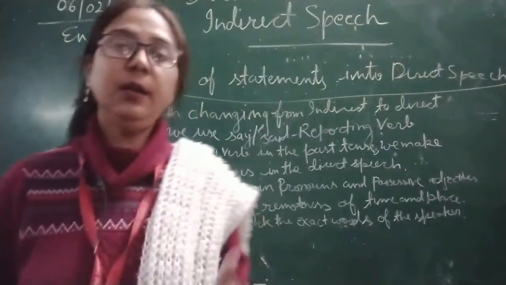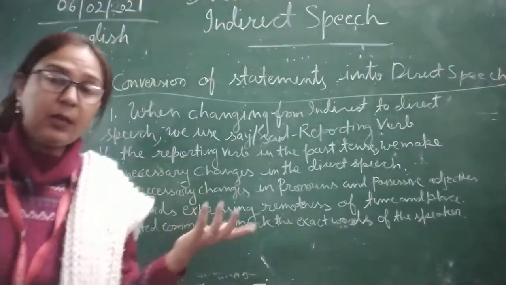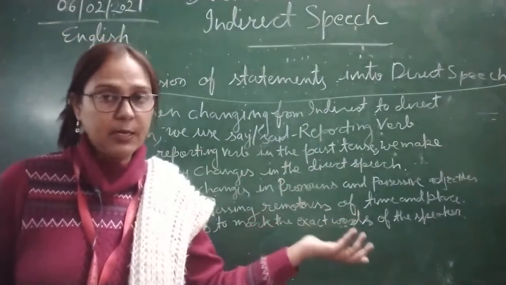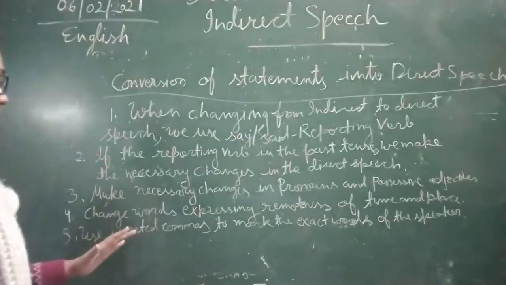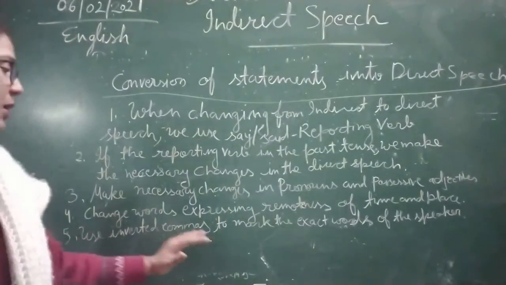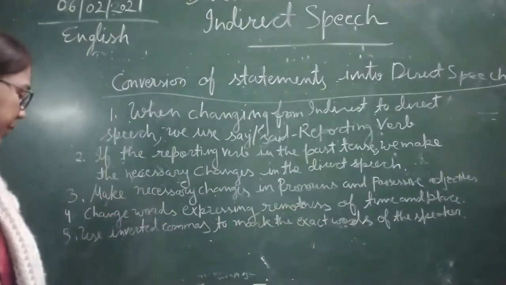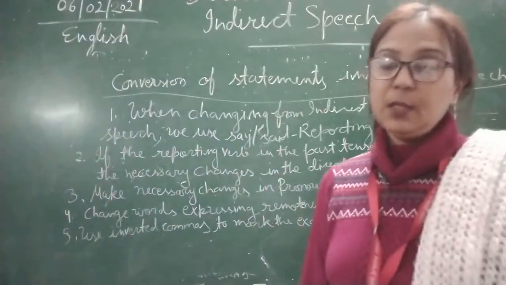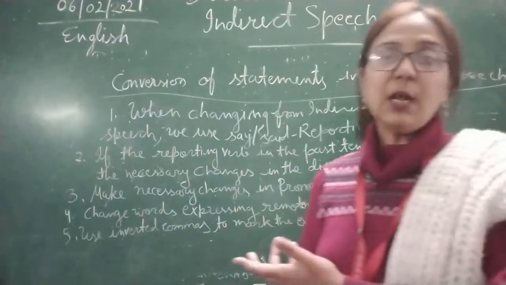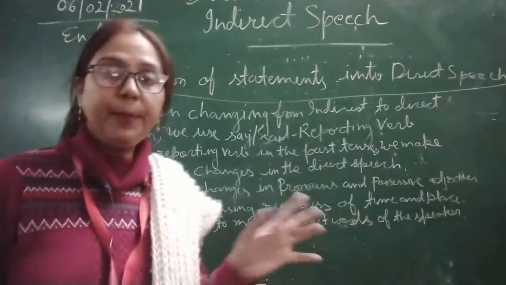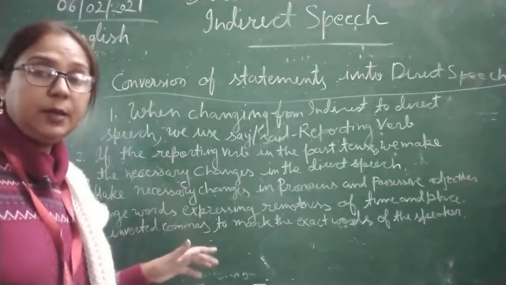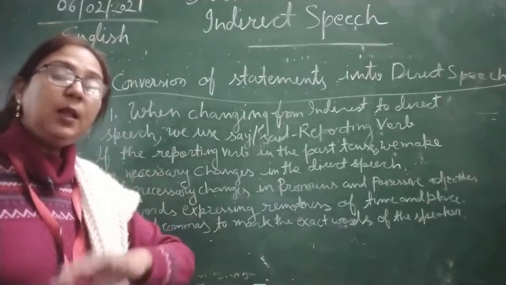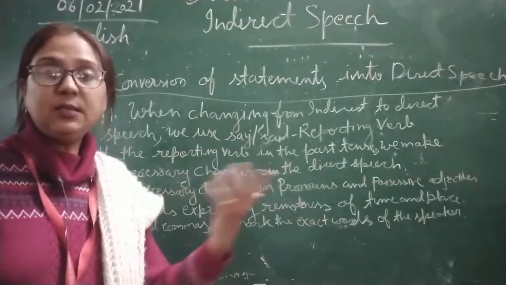As we are changing between direct and indirect, I becomes he, he becomes I. So, these types of changes we will do accordingly, whatever the sentence is. Now, change words expressing remoteness of time and place, which we have discussed yesterday. So, these are rules we have already done, but because these are very important points whenever we are converting direct to indirect or indirect to direct, it works vice versa.